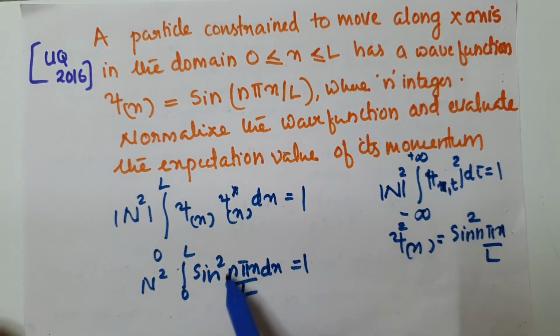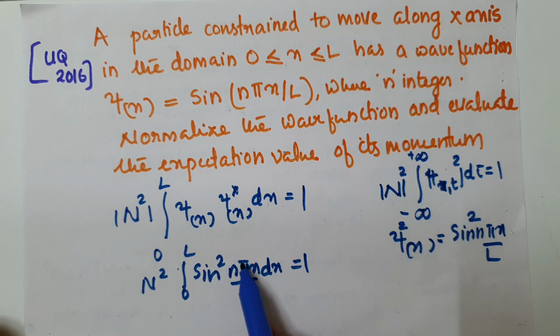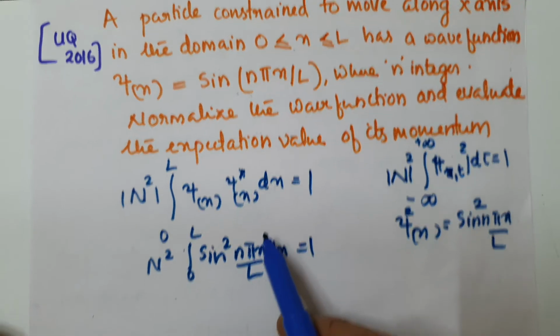This sin squared can be represented in terms of cos theta, that is sin squared (n pi x by L) is equal to (1 minus cos 2 n pi x by L) by 2, and we can just integrate.